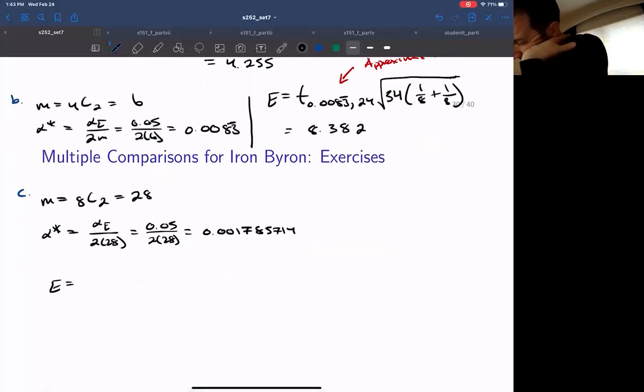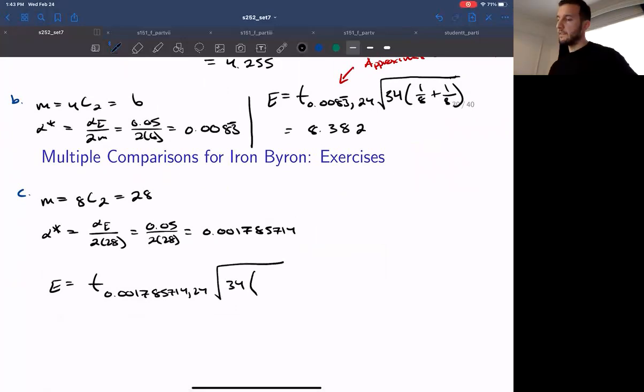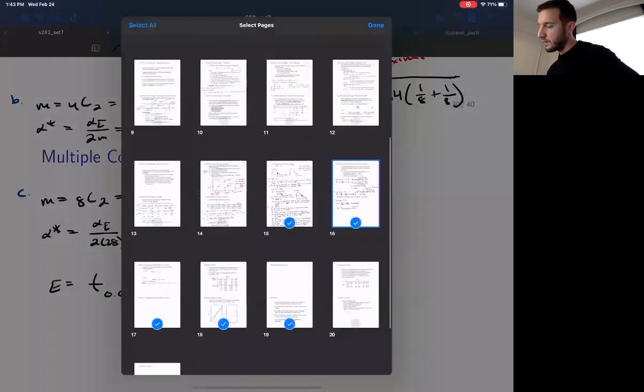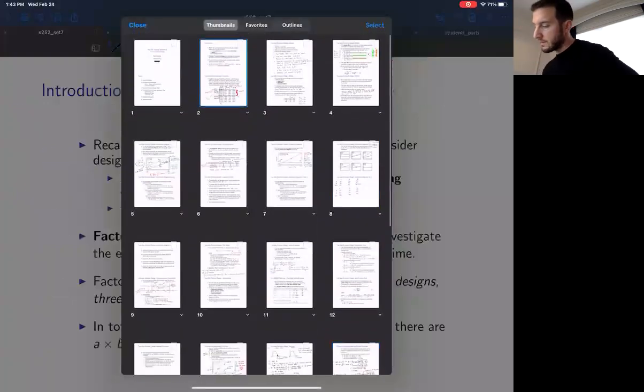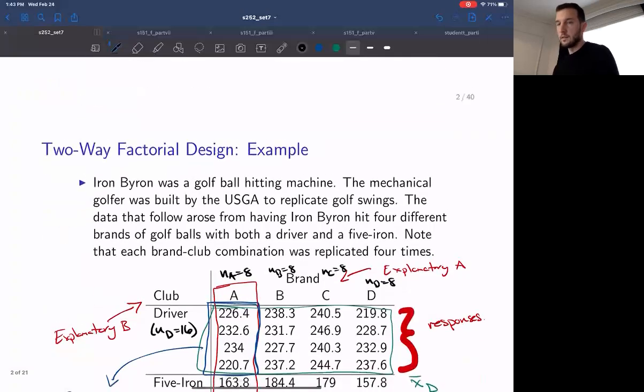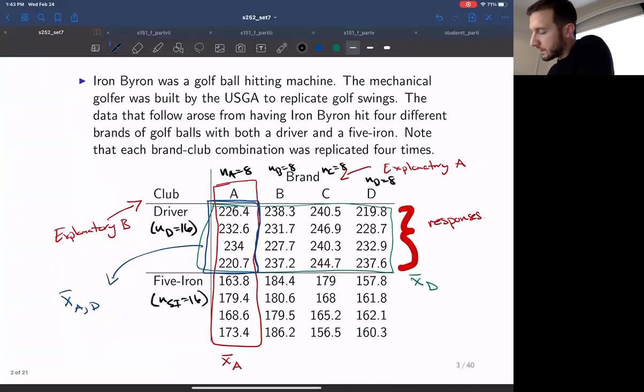So now our margin of error is going to be a t on 0.001785714 and 24. And then we're going to multiply by our MSE. And then in this case, the sample size for each treatment combination comparison is going to be the number of replications at each treatment combination.